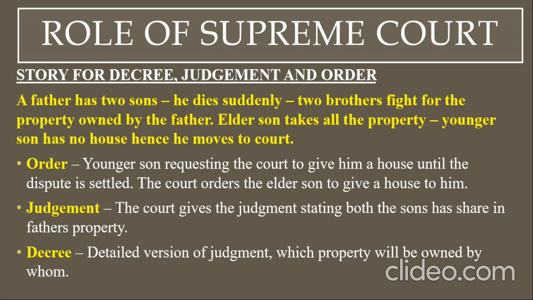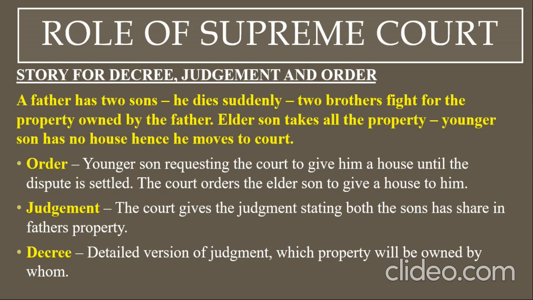Now after filing a case, it takes some time. The court does not immediately give the judgment for the case. It takes some time for the court to give the judgment, because there are a lot of pending cases in the court. So first is the order. Let's look at the order. When the proceedings are going on, if the younger brother requests the court saying, my lord, I don't even have any house to live in, so please ask my brother to allot me a house until the case is decided, then the court may order the elder brother to give one house until the case is being decided.